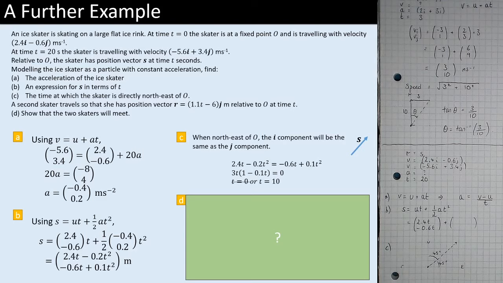So we have an expression by making these two parts equal. And when we've made those two parts equal, we can rearrange to get an equation which equals 0, solve some quadratics, and then we get our two solutions.